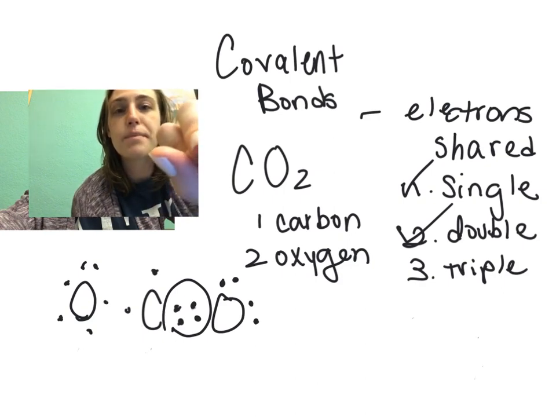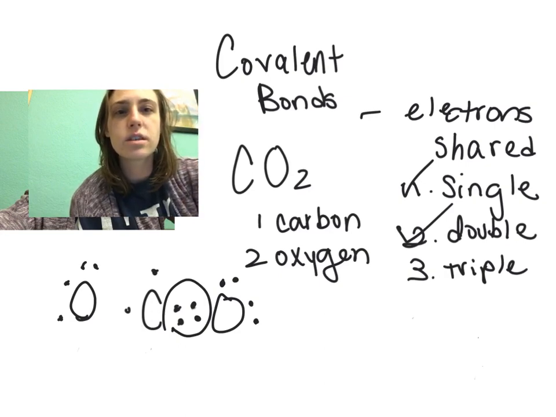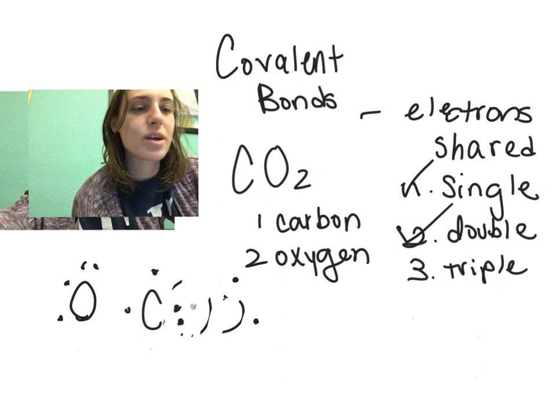And so what's going to happen here is we are going to share those 2 electrons there. Carbon's going to move that electron to the side, if I can get it to move. Maybe it won't move. Let me just erase the whole thing. Okay, you know what? I'm just going to draw it on the side. For some reason, the eraser is not working. So you're going to get something like this.